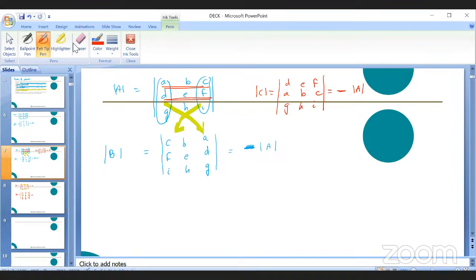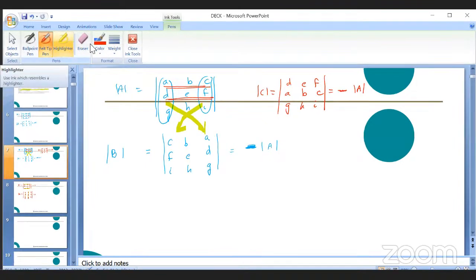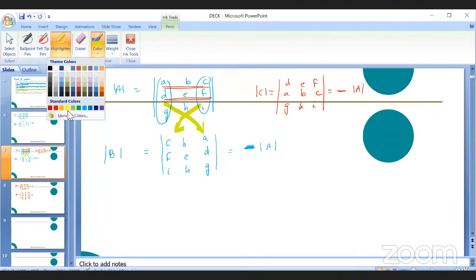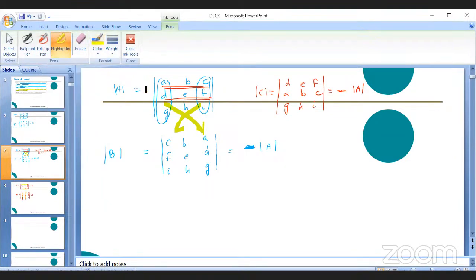You can change it in the other way also. So all these properties are applicable to both rows and columns. I need not specify it for each property.